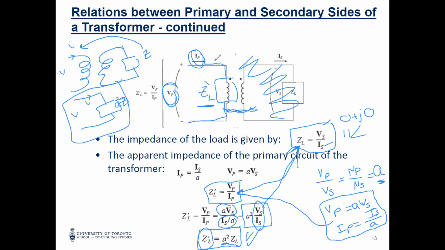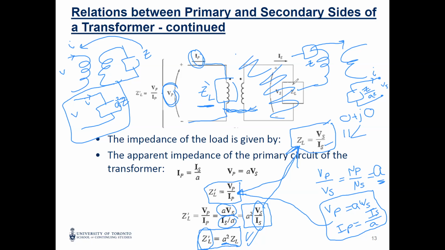Okay, and we call this referring. Let's say you have an impedance in the primary and you want to move it to the secondary. Can we do this? Yes, definitely. This is the secondary now, and this impedance, let's say it's called Z, will be Z over A squared. Instead of multiplying by A squared, now you divide by A squared.